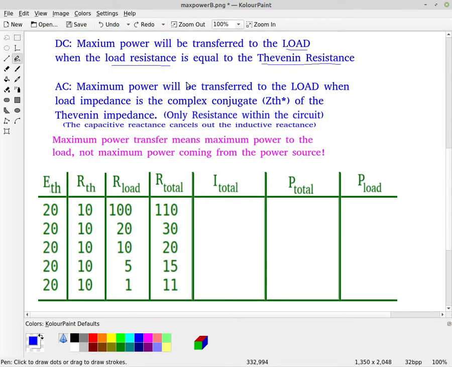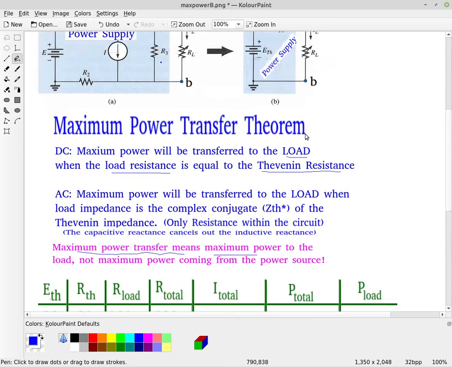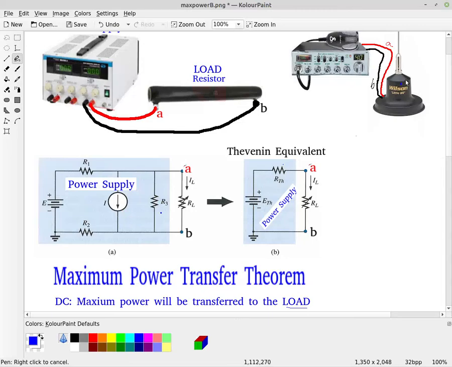One thing I want to point out here is that maximum power transfer means we're going to get the maximum power to our output device, to the antenna, or to whatever our load might be. There are cases, as we'll see when I do this example, where you're using lots and lots of power, but it's not getting to your antenna.